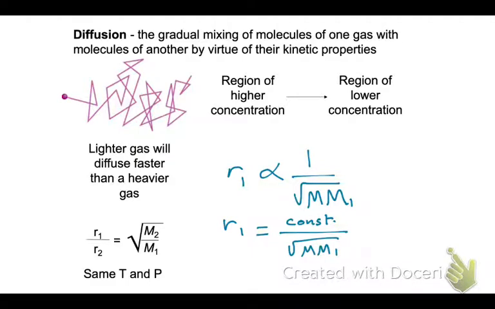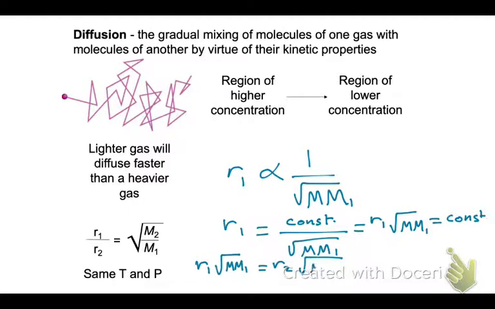So now when I put everything together, how would that look? It will be R1 times the square root of molar mass 1 equals a constant. Which means it's going to look like R1 square root of molar mass 1 equals R2 square root of the molar mass 2. Now, let me put a line here.